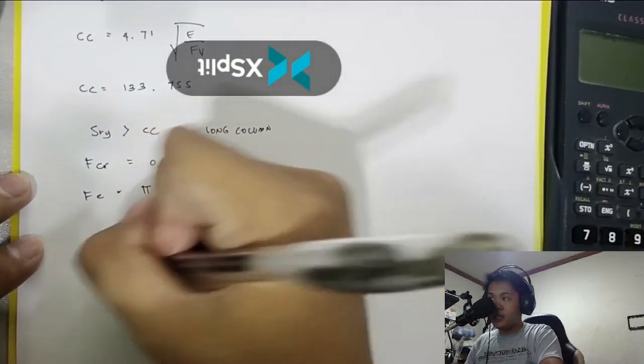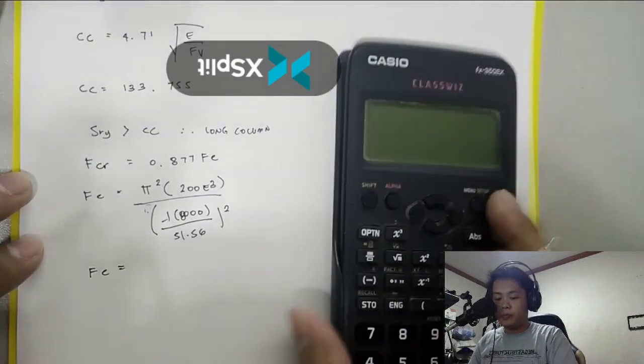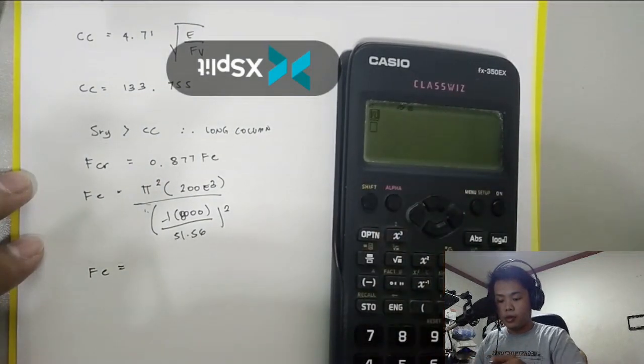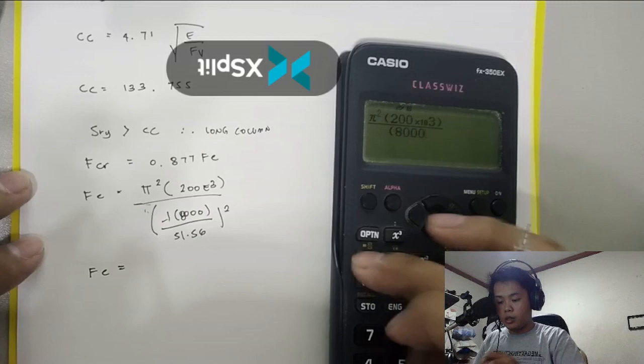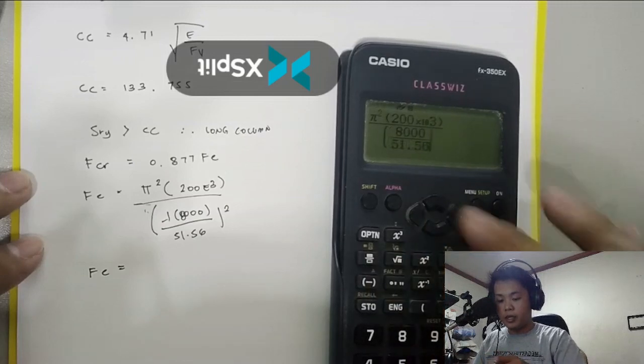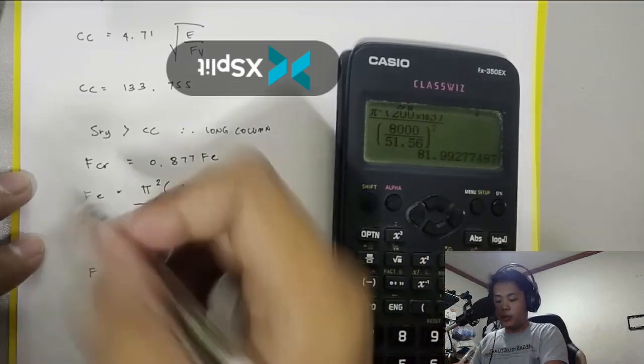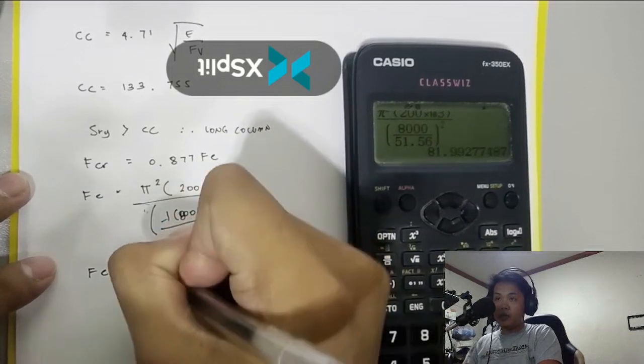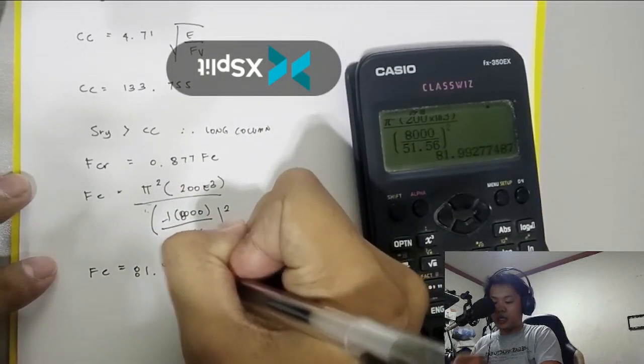So may makukuha tayo na value ng FE na 81.993.